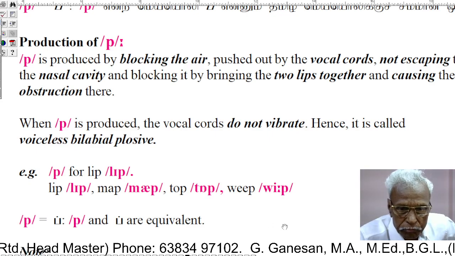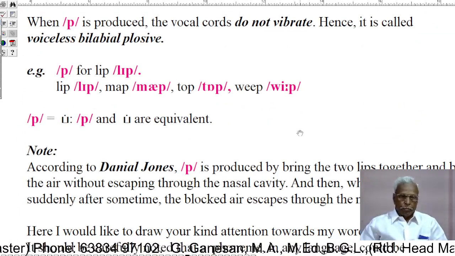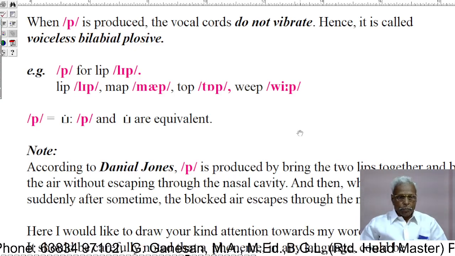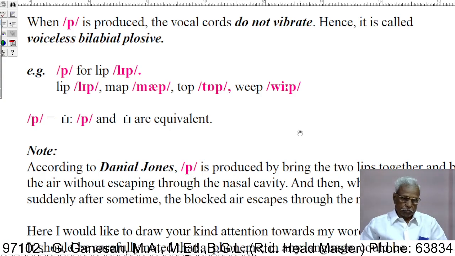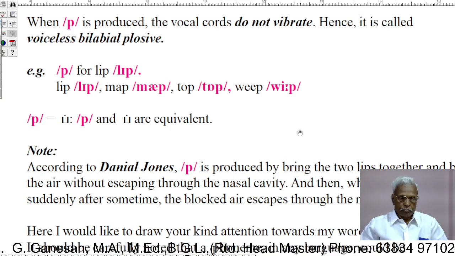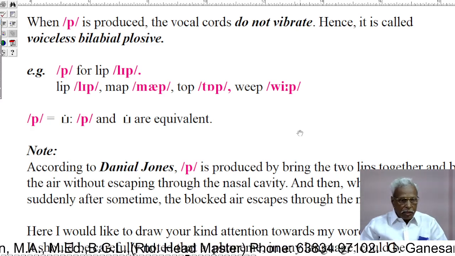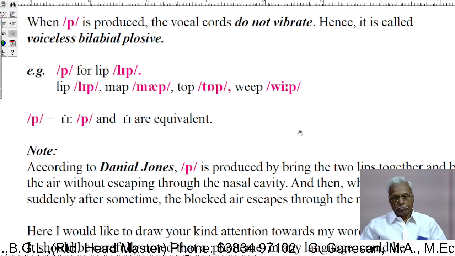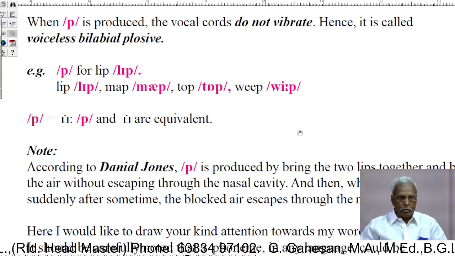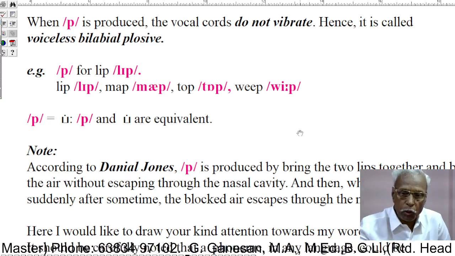Example: lip, map, toe, we. This phoneme is equivalent to the Tamil phoneme. The English one and the Tamil one are equivalent in all respects.